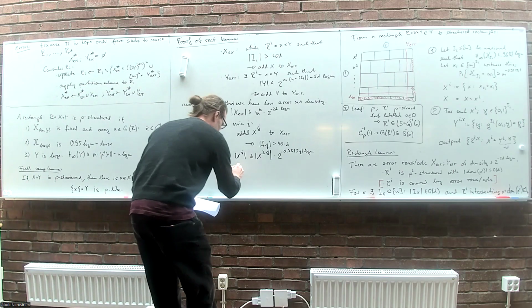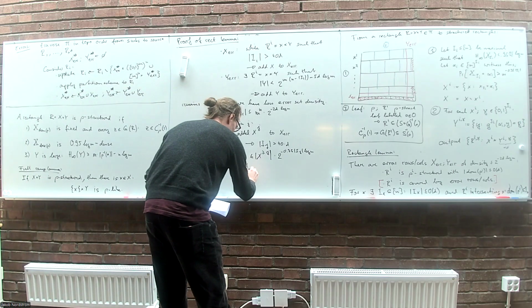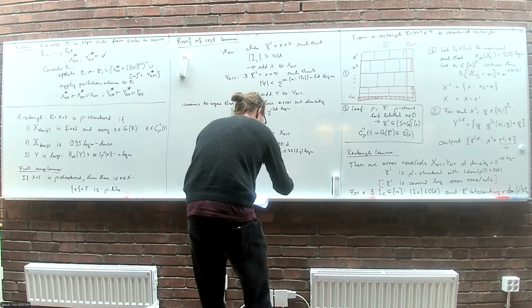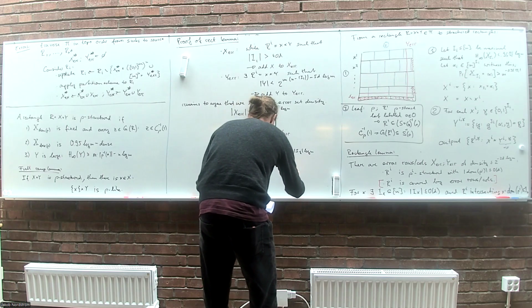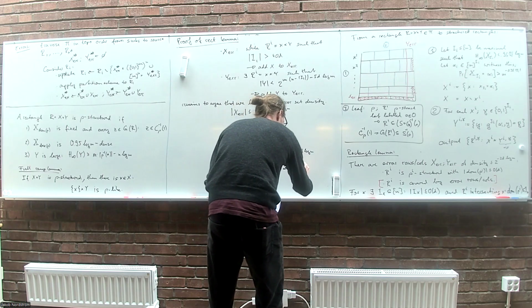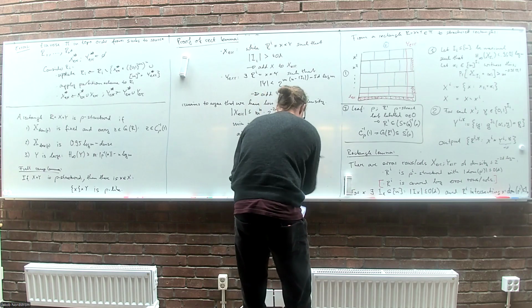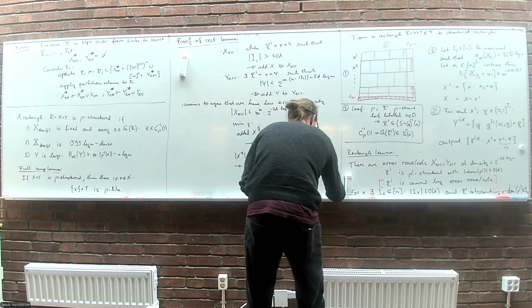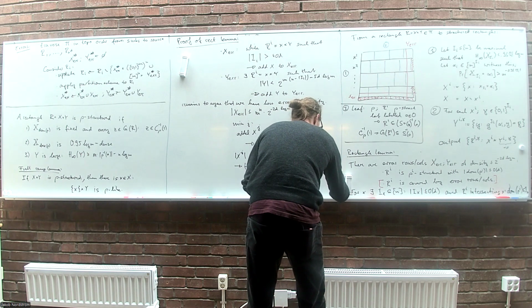So in particular, we know that the min entropy of x_j is larger than the min entropy of x greater or equal to j minus this one.